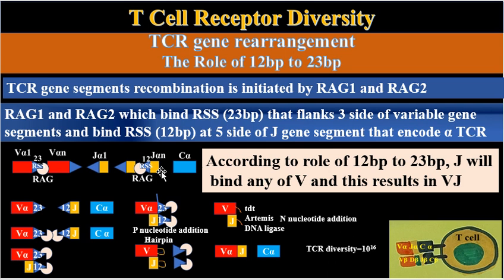So according to the rule of 12 base pair to 23 base pair, the RAG will bind the variable segment or variable alpha, as can be seen here.